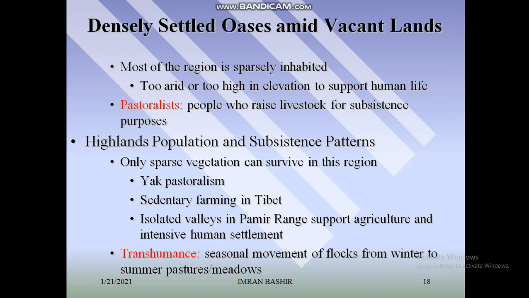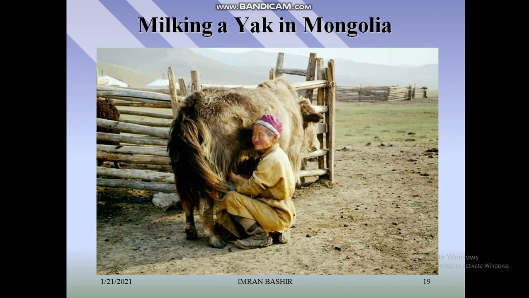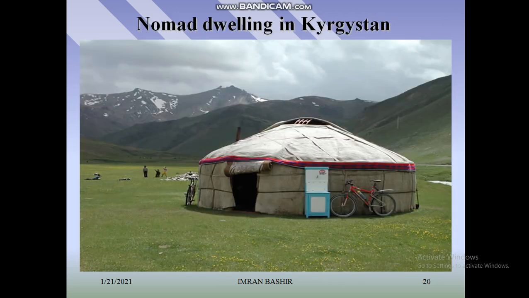Yak pastoralism. Sedentary farming in Tibet; isolated valleys in the Pamir range support agriculture and intensive human settlement. Transhumance: seasonal movement of flocks from winter to summer pasture meadows. Milking a yak in Mongolia. Nomad dwelling in Kyrgyzstan.